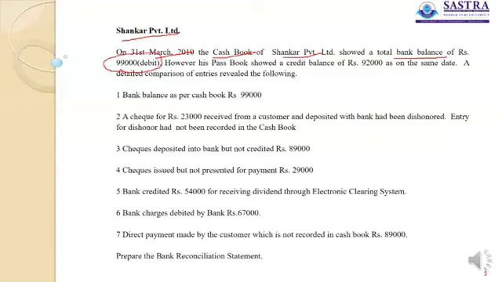See this. However, his passbook showed a credit balance of 92,000 as on the same date. So passbook credit 92,000 is favorable, and the total bank balance in the cash book is also favorable.